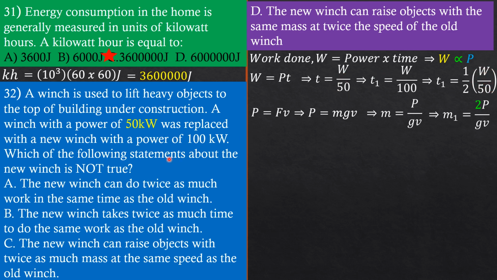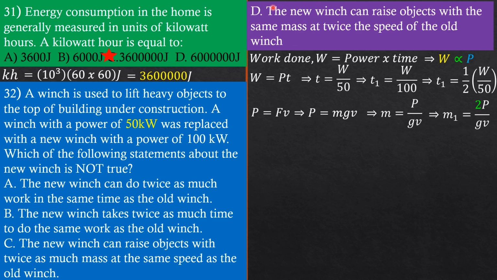So option A cannot be good. Option B is saying that the new winch takes twice as much time to do the work as the old winch. Wrong, guys. It takes half the time. Option C is saying that the new winch can raise an object with twice as much mass as the old winch. Not true, friends, not necessarily true.